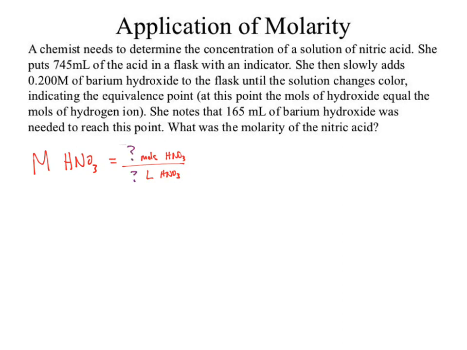This is not one we're going to solve all the way out. But what other information is given? The milliliters of acid in the flask. 745 milliliters of the acid, which is our HNO3 solution, we should actually say.